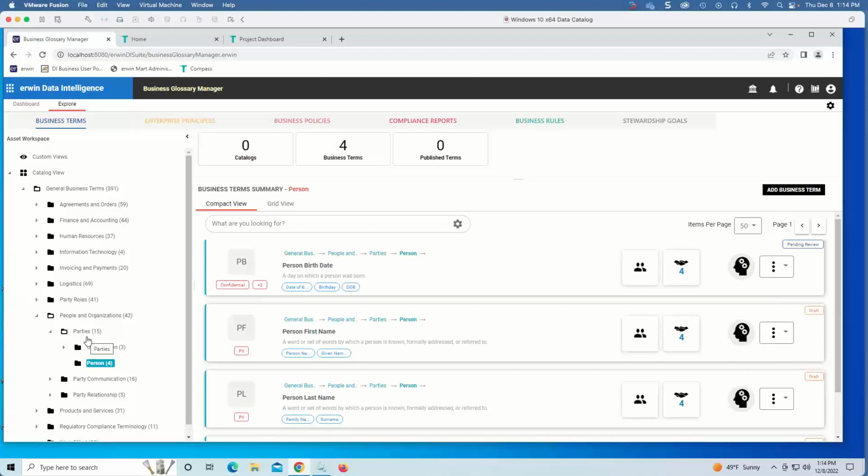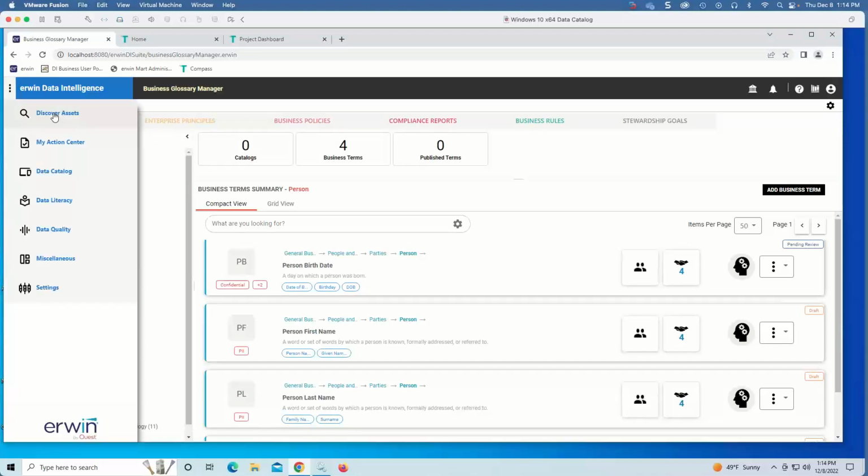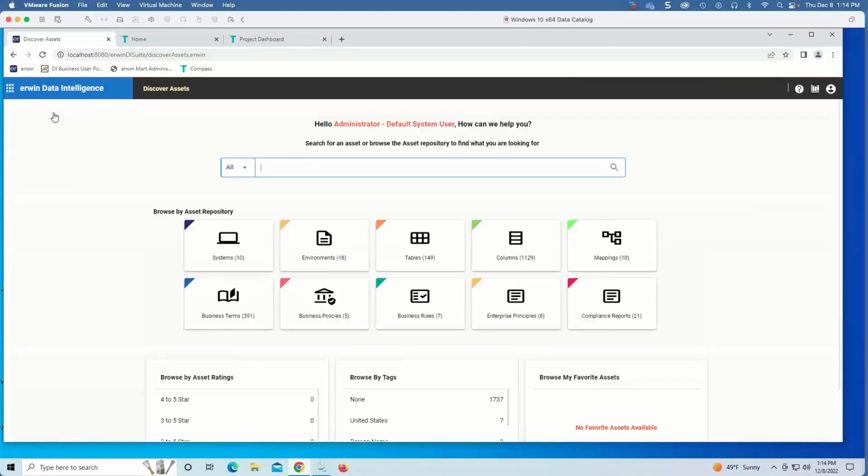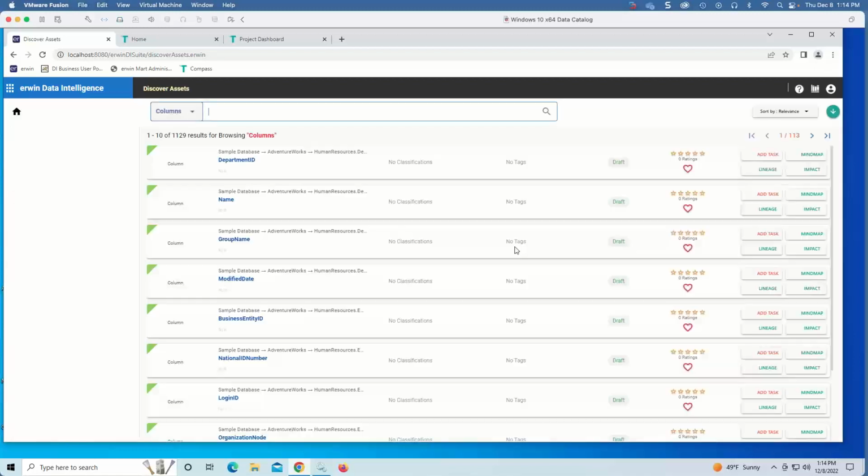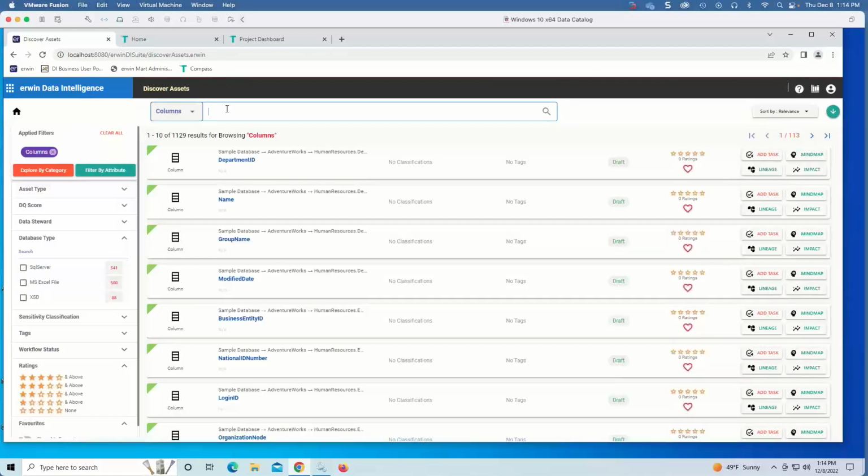In addition to that, there's a section within called Discover Assets. And within the Discover Assets, I can look through business terms, I can look through columns, I can look through everything if I'd like for certain words. So let's say, for instance, I'm interested in looking through columns for the birth date.